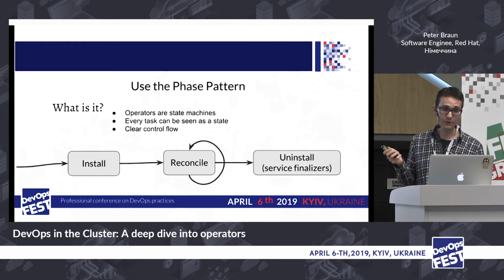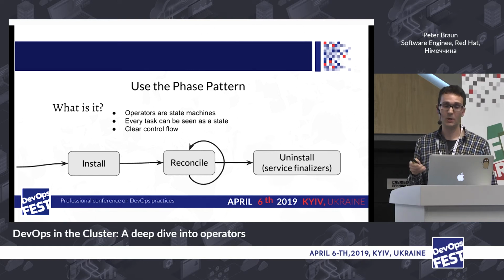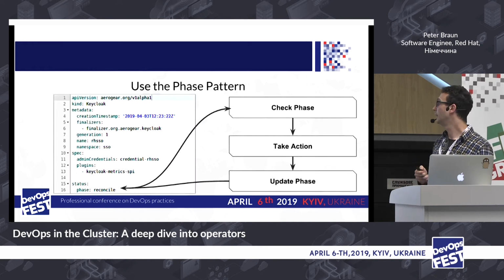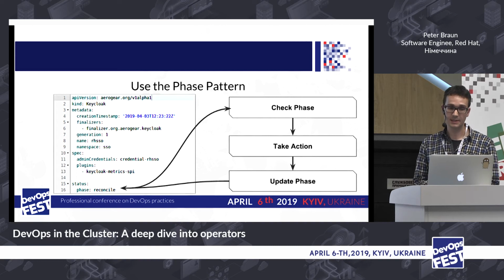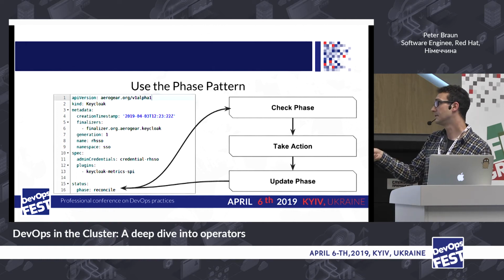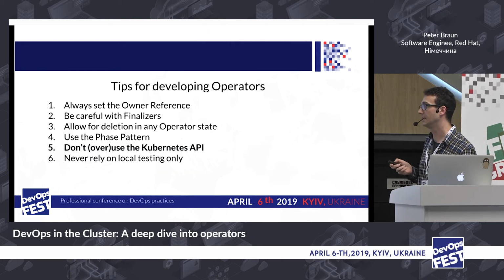So if you do this, the question is, where would you store the current state of the resource that the operator is processing? And the answer is in the status, of course. So every time the reconcile function is invoked, you check the current phase the operator is in and act upon it, and then update the status to the next phase. That has proven to be a very useful pattern.